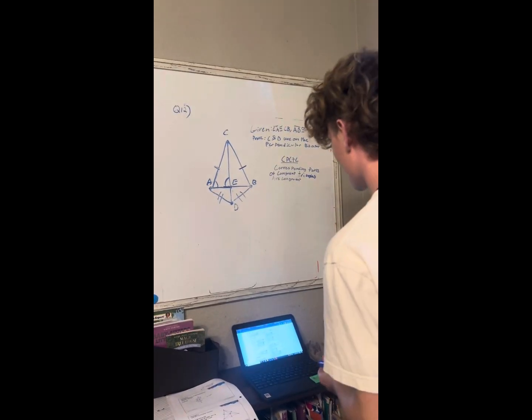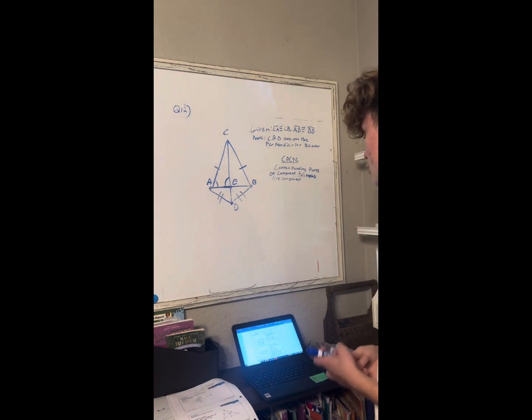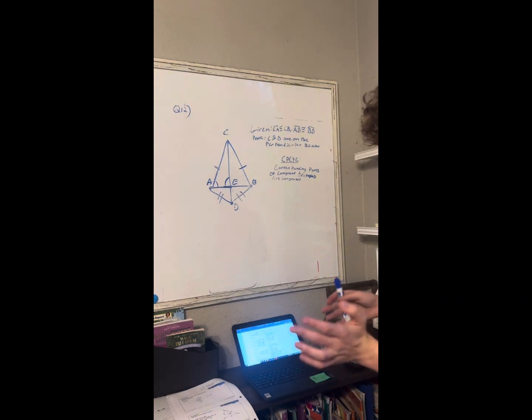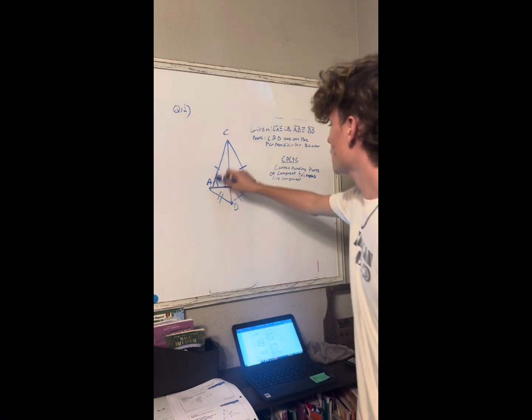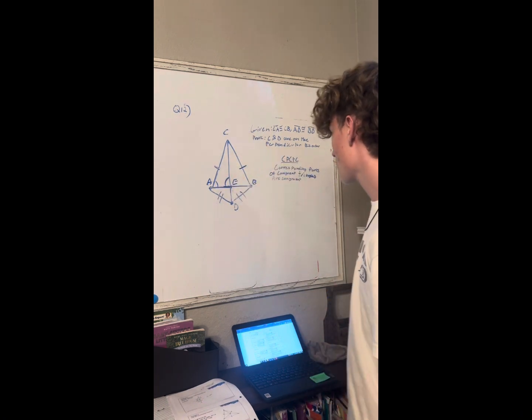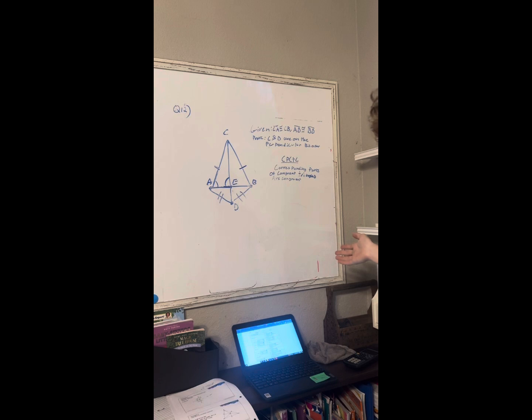This one is part 4 on question 12, right? So for this one, it is ACD equals BCD. The reason is corresponding parts of congruent triangles are congruent. So that is CPCTC, that's what that stands for.